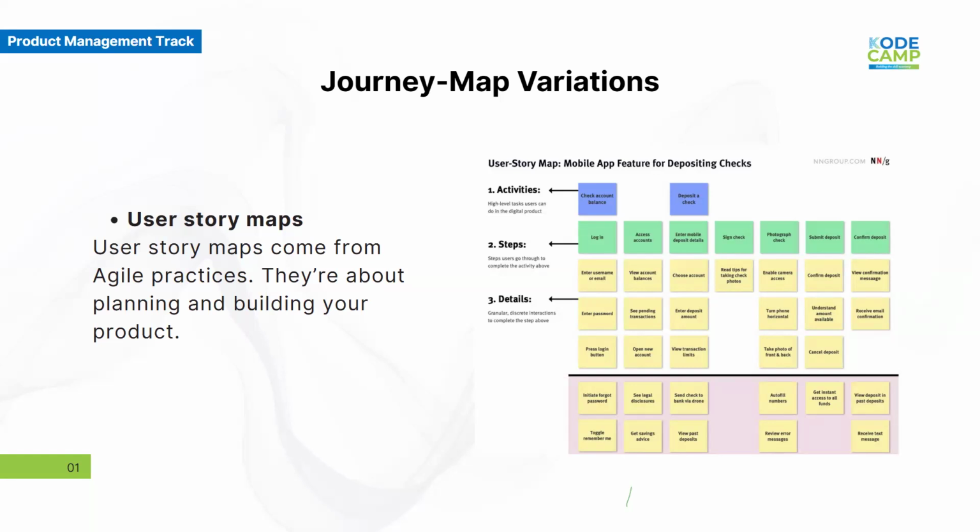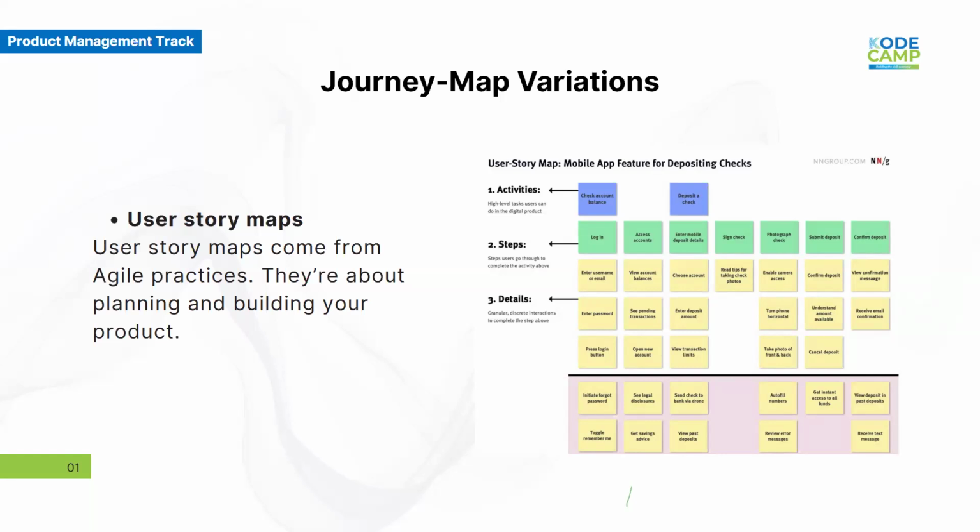The classic user story format would be, don't worry, when we get there you're going to understand this better. As a type of user, I want to do so, to get so. So as an account holder, I want to deposit checks on my phone so that I don't have to visit the bank. It's simple, focused, direct, straight to the point. As we proceed, all of this will make sense, so please just follow me.